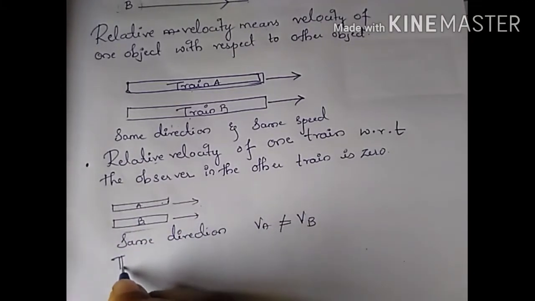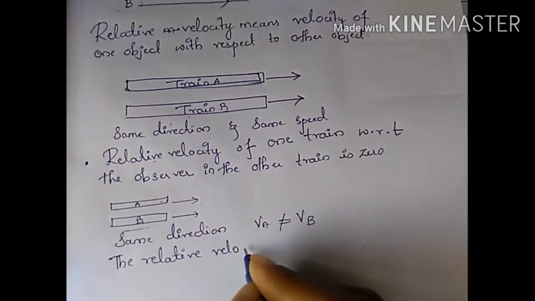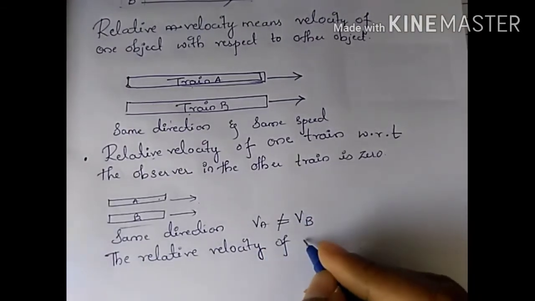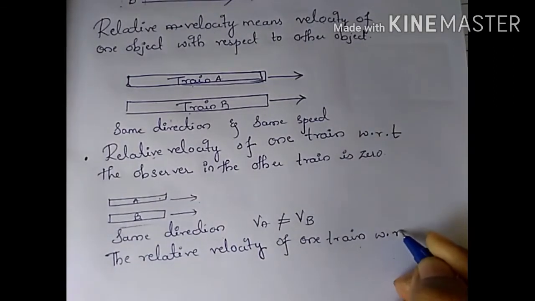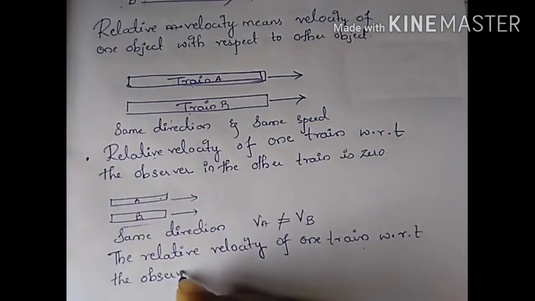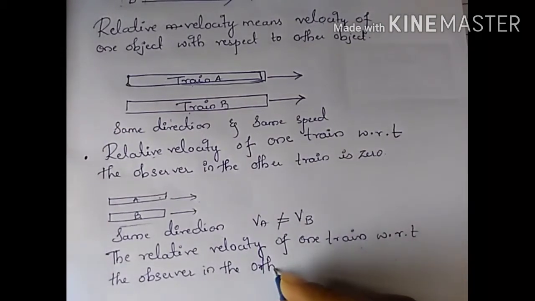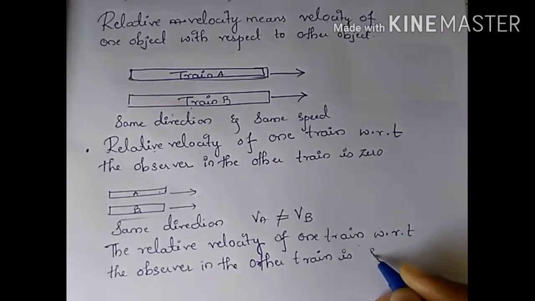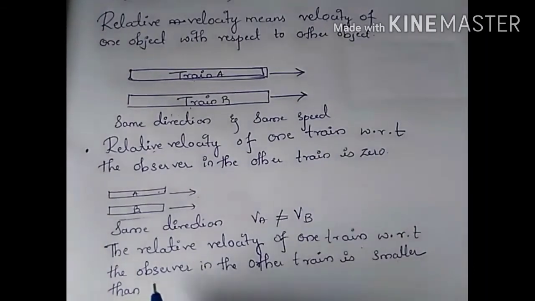So here the relative velocity of one train with respect to the observer in the other train is smaller than what?